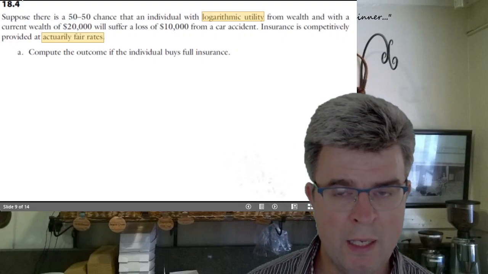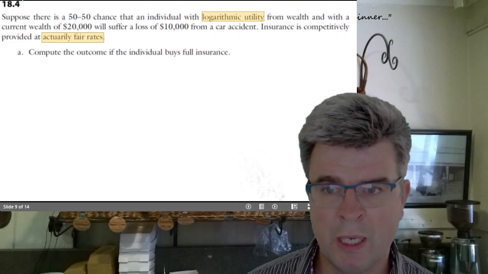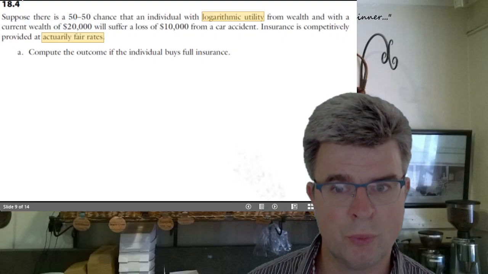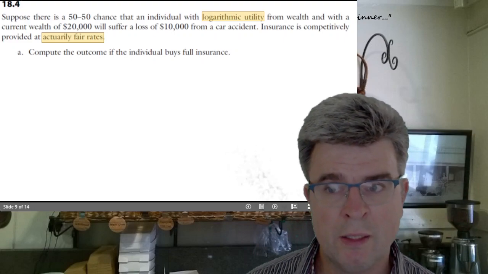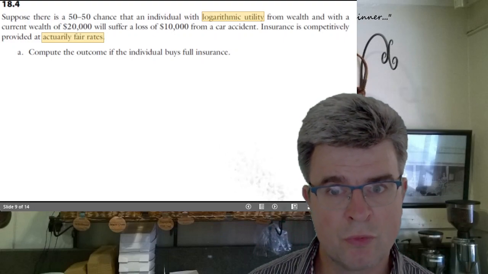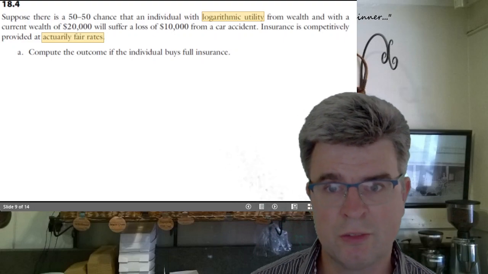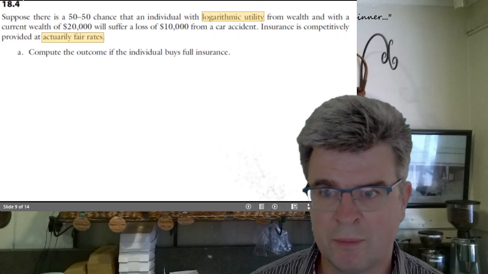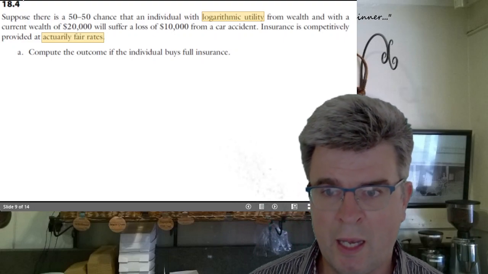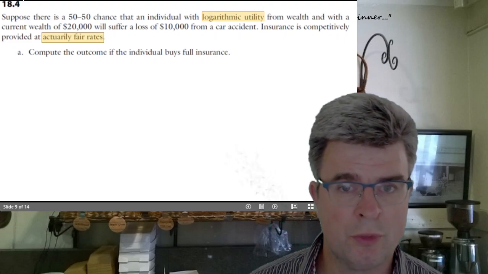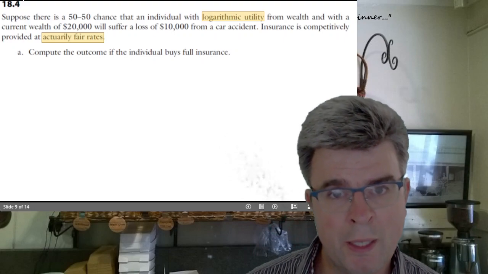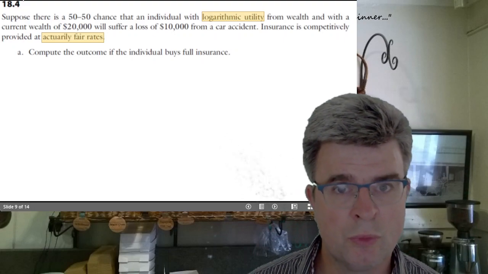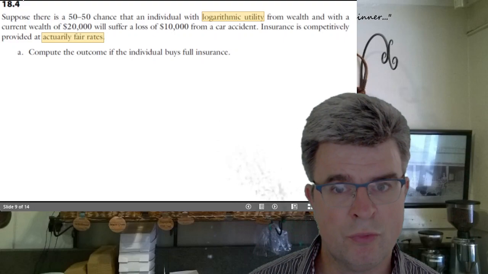Question A asks us to compute the outcome if the individual buys full insurance. So he is completely shielded from the negative consequences of the car accident, at least the monetary consequences. And he can buy this full insurance at fair rates, so the premium that he needs to pay is exactly identical to the expected loss he faces.